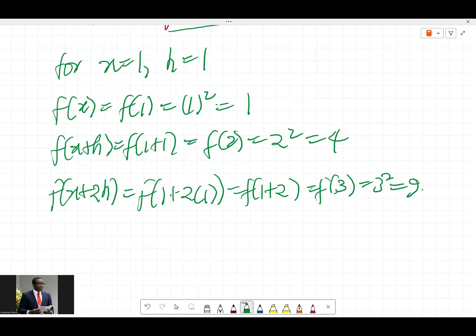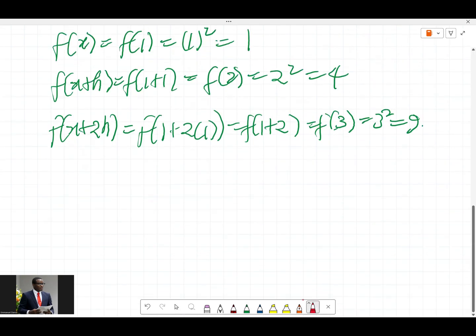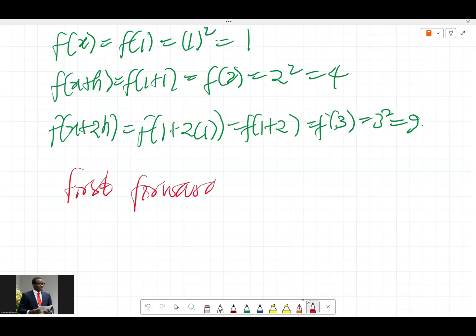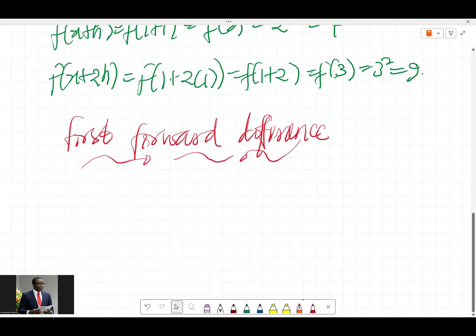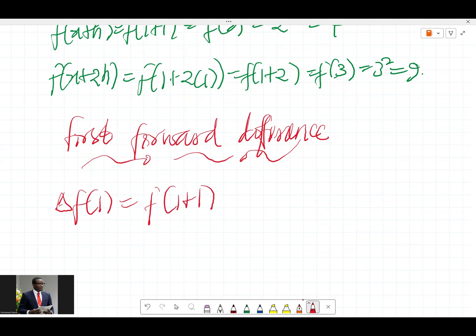With all of that in place, we can talk about the differences. Imagine the first forward difference. Delta f of 1 is basically f of 1 plus 1, of course, you know what delta is, that's x plus h, minus f of 1 itself.